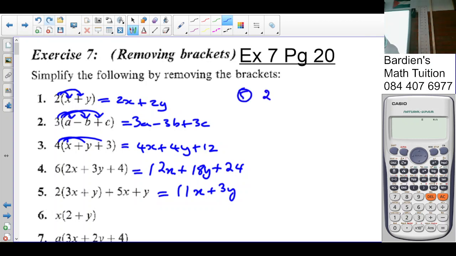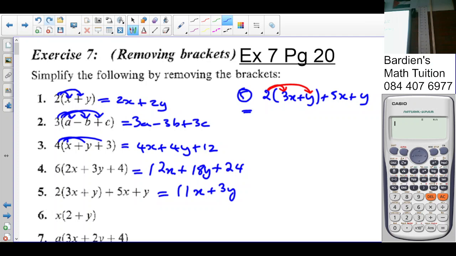We got 2 into 3x plus y plus 5x plus y. So that 2 only gets multiplied with the bracket. Not so? It doesn't get multiplied by the 5x plus y. You all agree with that?